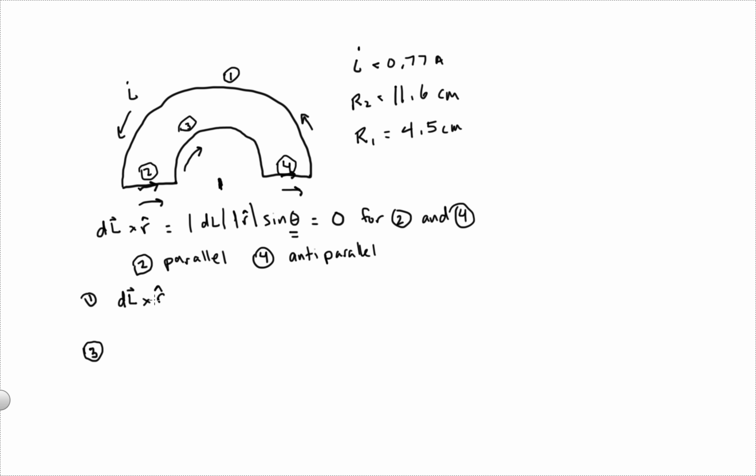Now for this, I would encourage you to use the technique of pretending to grab the current, where your thumb is in the same direction of the current and you wrap your fingers through. And so if you do that for segment 1, our thumbs are pointing to the left, and so our fingers are coming out at us. And so the direction down at our point of interest is going to be out of the page.